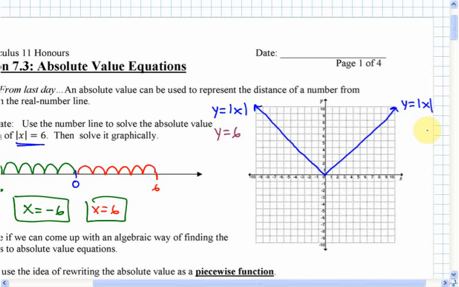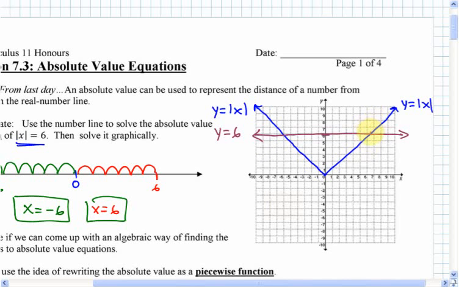So go ahead and graph out y equals 6. By the way, y equals 6 is what type of line? It's a straight line. Yeah, I know, but which way straight? Horizontal. Thank you. So at y equals 6, you should graph out the line like this. And like you said, you're looking for the intersection points.